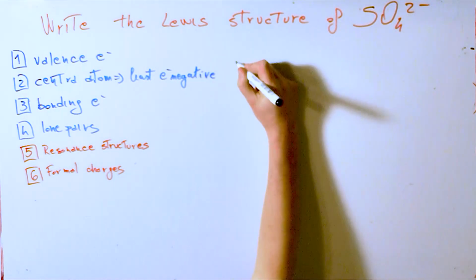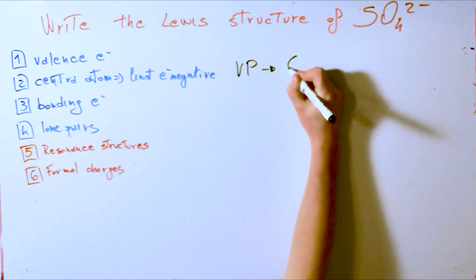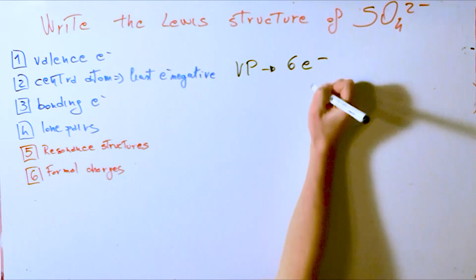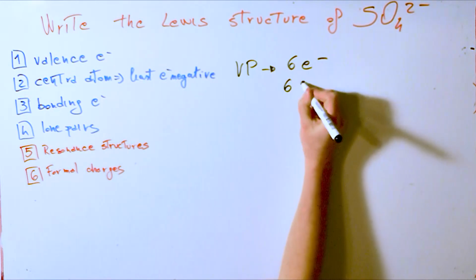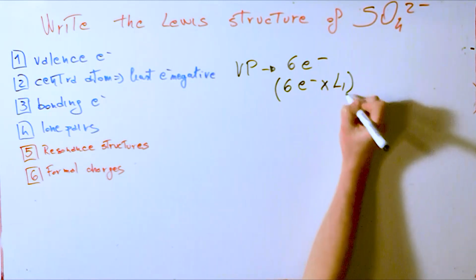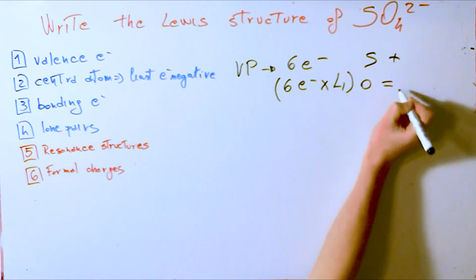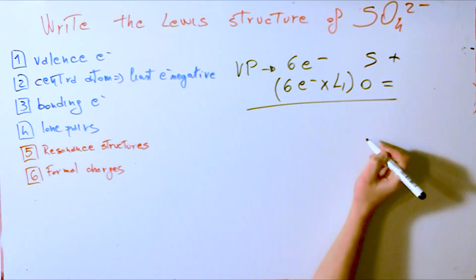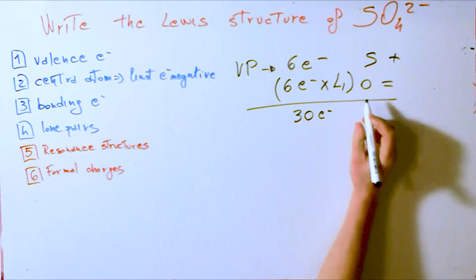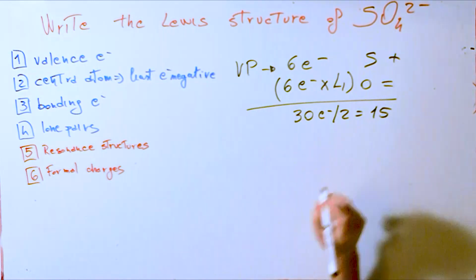So again, valence electrons will be equal to 6 coming from the sulfur, 6 coming from the oxygen times 4, because we have 4 oxygen. If you sum everything up, it will be equal to 30 electrons. If you divide it by 2, it will be 15 valence pairs.